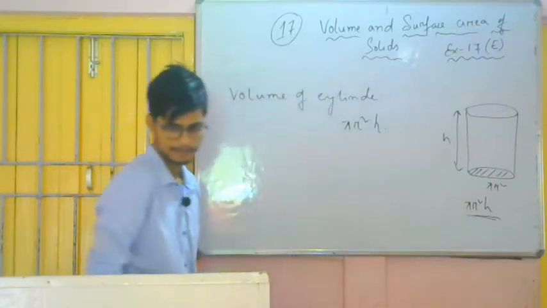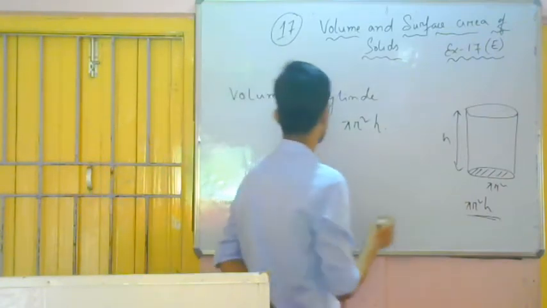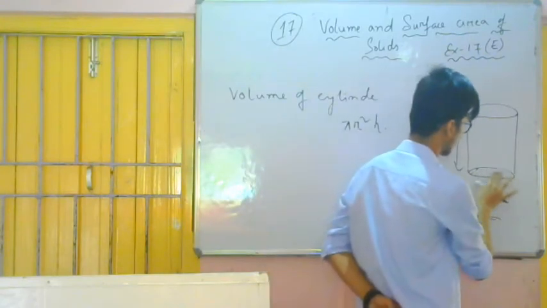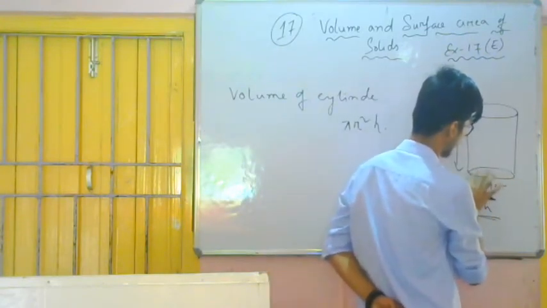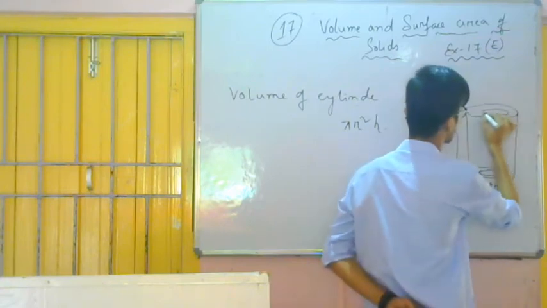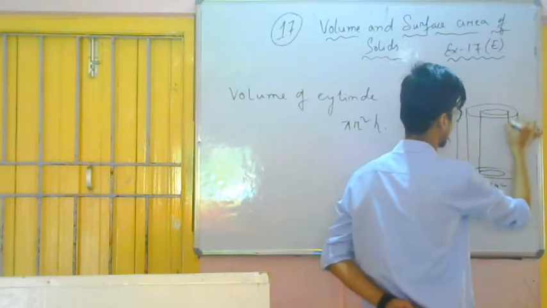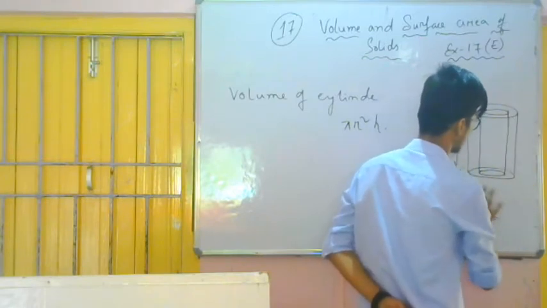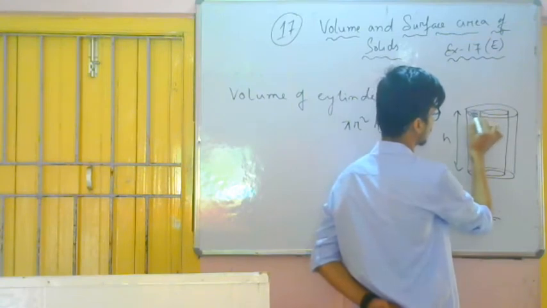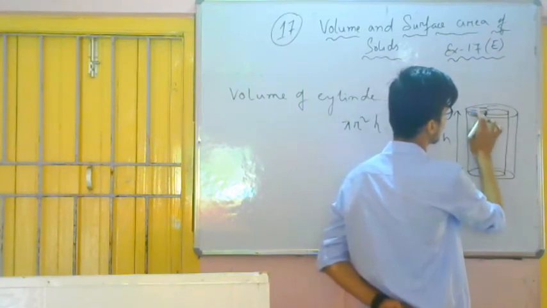Now you will get another question in this chapter. If inside this cylinder there is another one like this, and this one has a certain thickness, this is the thickness of the cylinder.